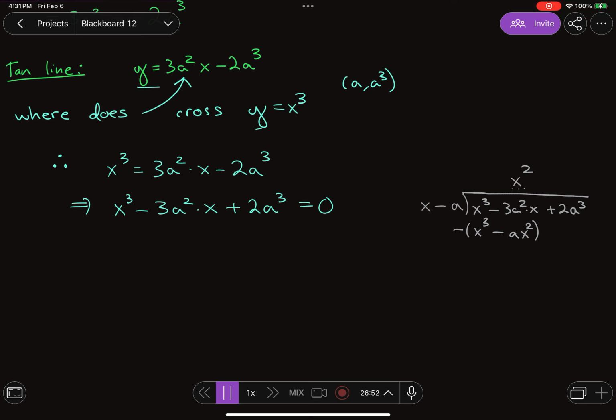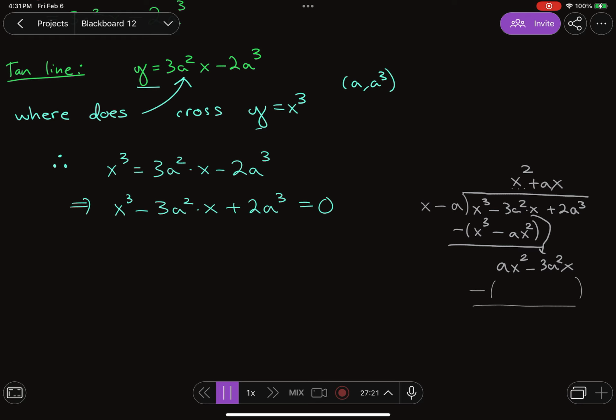These are not like terms, so when I subtract downwards, this is going to carry along. These guys will cancel, though, so x cubeds cancel. And what I have is a x squared, and then this drops down, minus 3a squared x. Question is, x times what is equal to ax squared? That's the same thing as plus ax, I think.